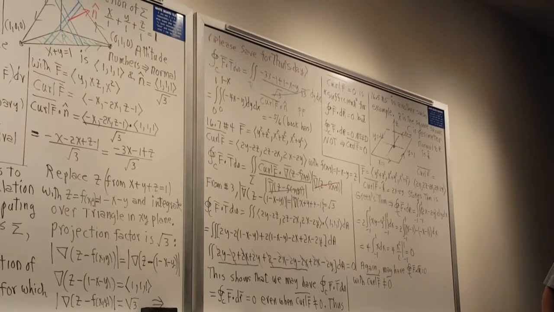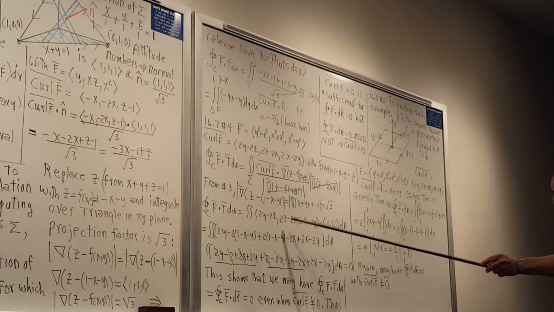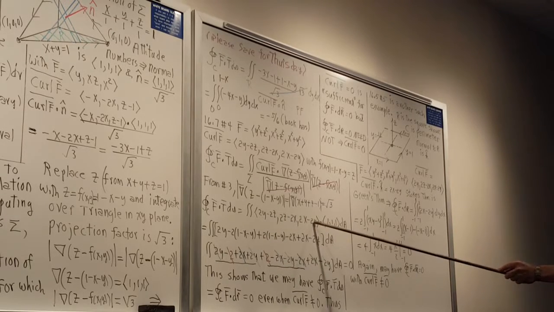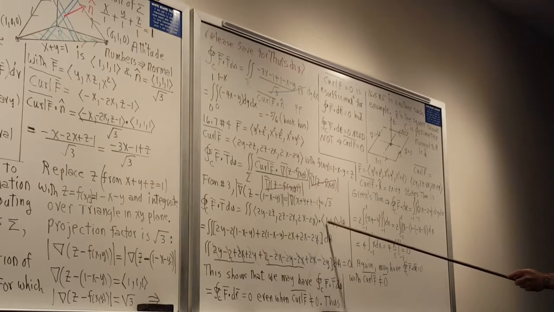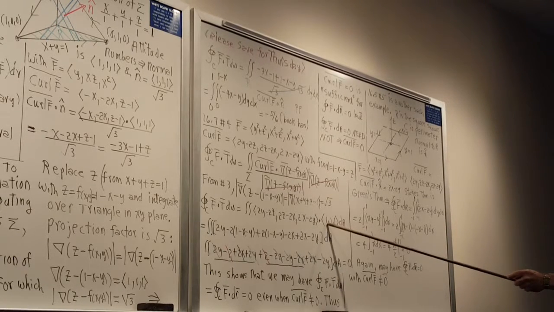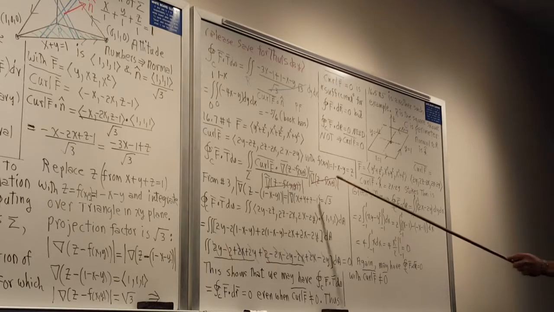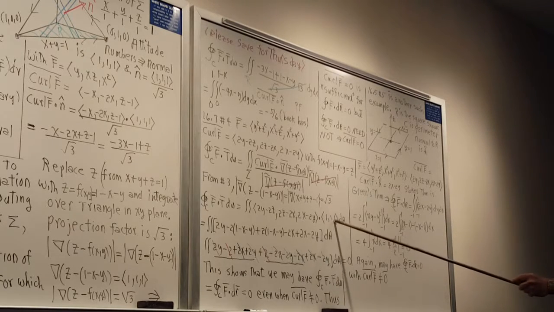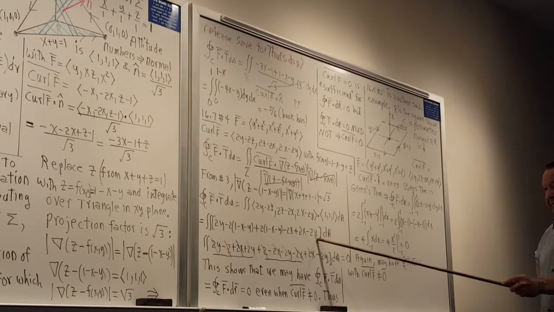Then what you end up with here is the curl of your field dotted with the normal to the plane, which is 1, 1, 1, not the unit normal. The root 3 and root 3 would have canceled. So you dot that out, and that gets you all this.